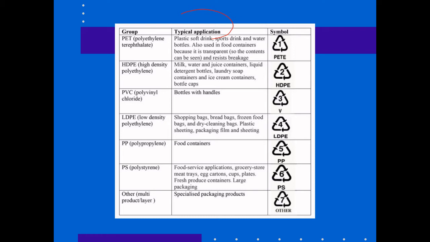Even the recent type of Tupperware packaging uses number five, which can withstand high temperature and can undergo sterilization, for example, baby bottles. Number five. Number six is polystyrene. Number seven is other types of material.